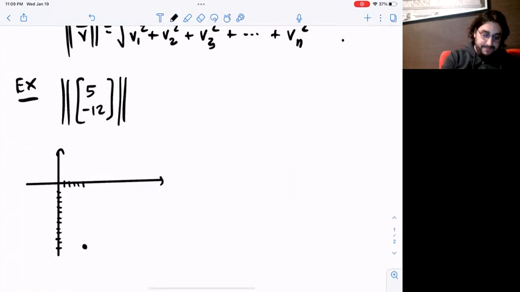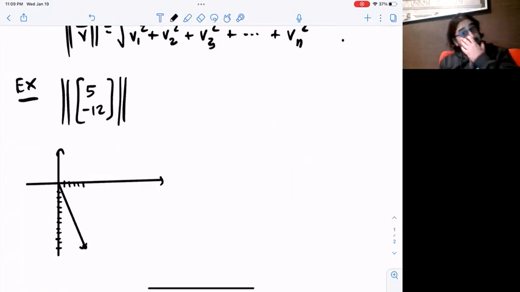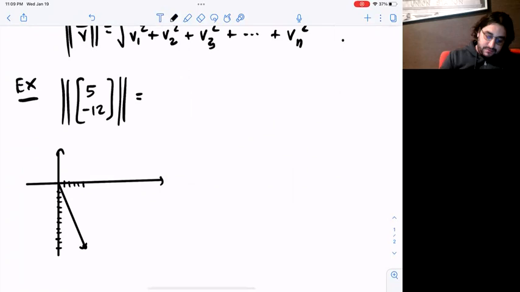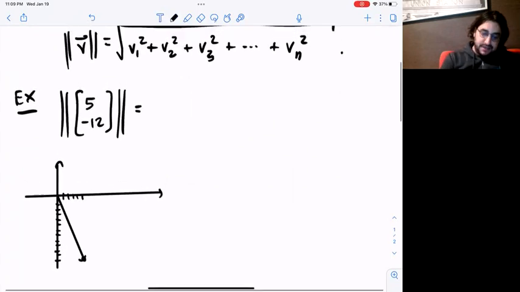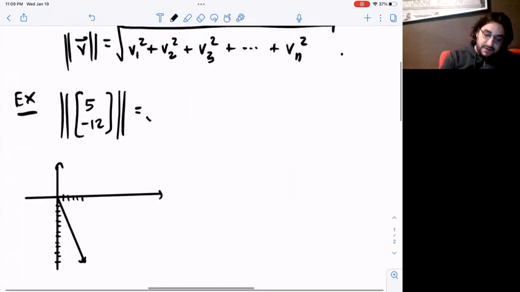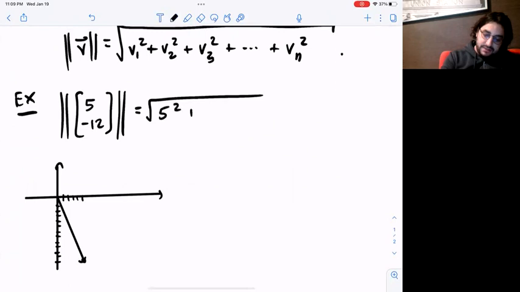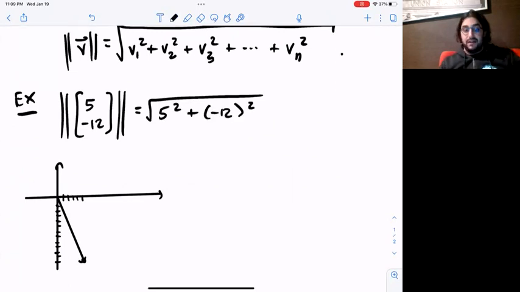There's my vector, and I want its length. That's the idea of magnitude: what's the length of the vector. Well, how does this definition tell me to calculate it? It tells me to take 5 squared plus negative 12 squared, and then take the square root of that quantity.